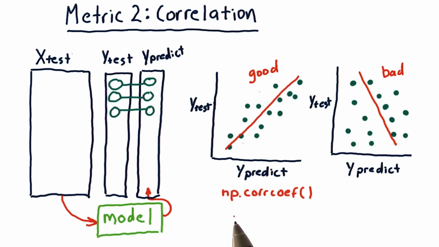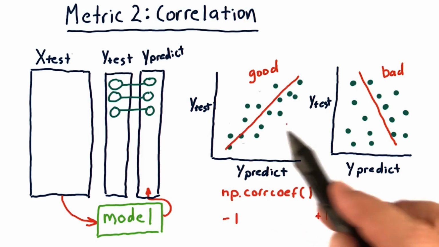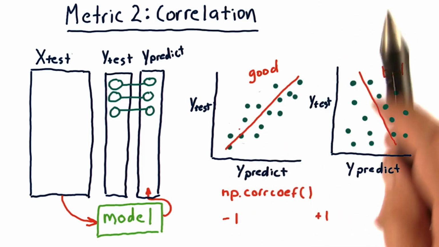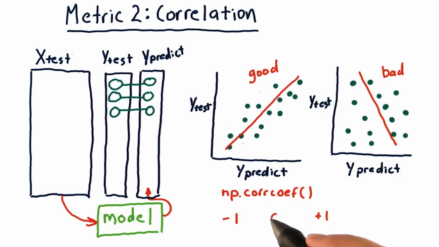You can use the NumPy function corrcoef to measure the correlation between y-test and y-predict. You'll get an answer somewhere between -1 and +1, where +1 means they're strongly correlated, -1 means they're inversely correlated, and 0 means there's essentially no correlation at all between them.